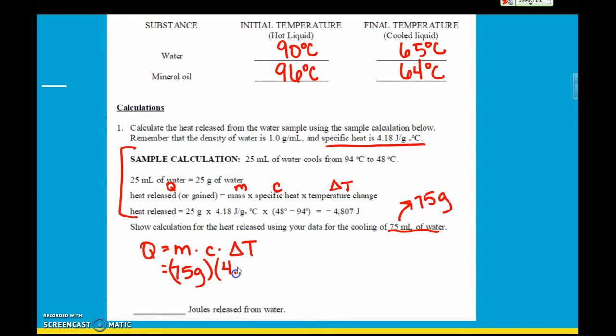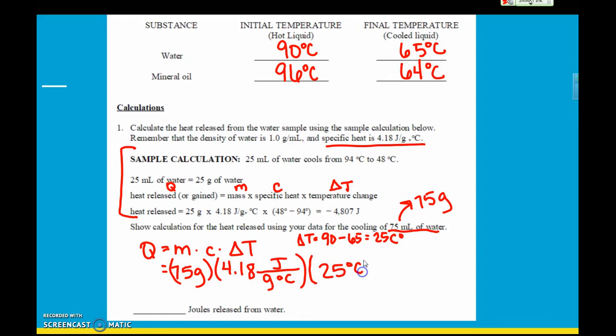It's 4.18 joules over grams degrees Celsius. And then our delta T is temperature change. And if you look at the data for water, it went from 90 down to 65. So if we were to subtract 90 minus 65, we get 25 Celsius degrees.